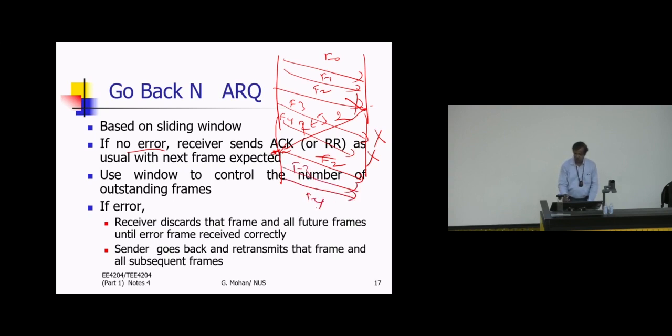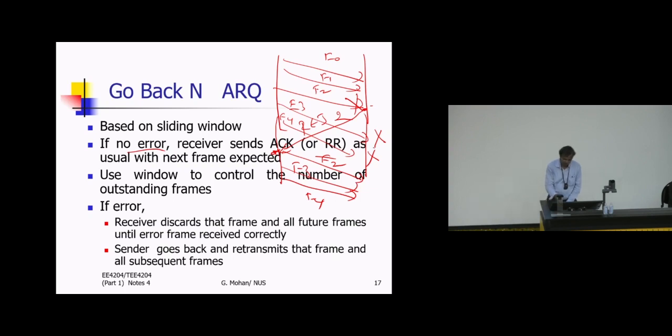Even though frame 3, frame 4 were good frames. When it receives reject 2, the sender goes back to frame number 2, it will go always in sequence. Is that clear? It goes back to 2, then it will send 2, 3, 4. Even though 3 and 4 are good frames, that will be retransmitted again.